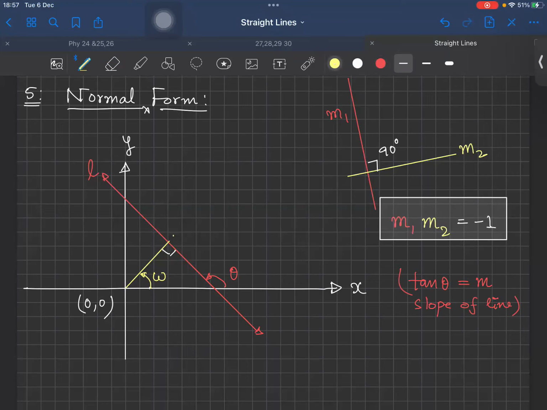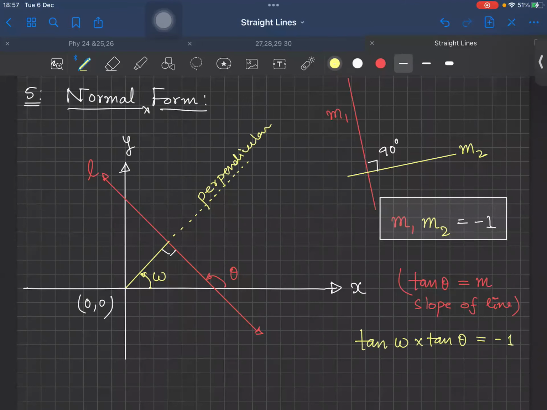So this line is the perpendicular line. Now we know the slope of this line. That means tan omega into tan theta is equal to -1. Yes or no?